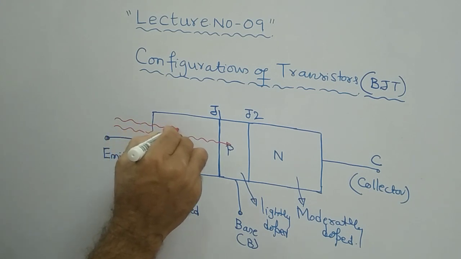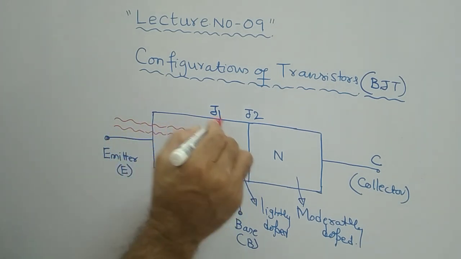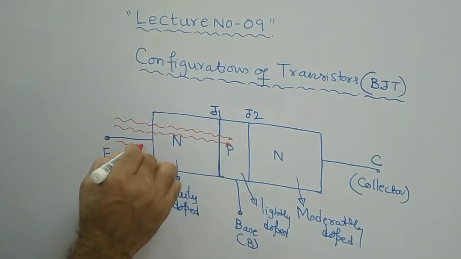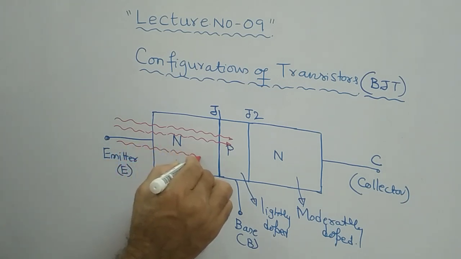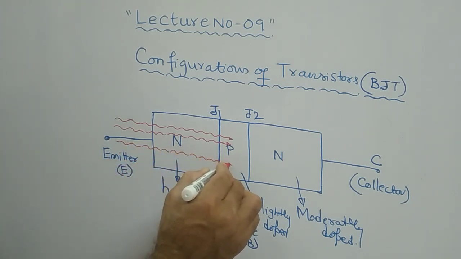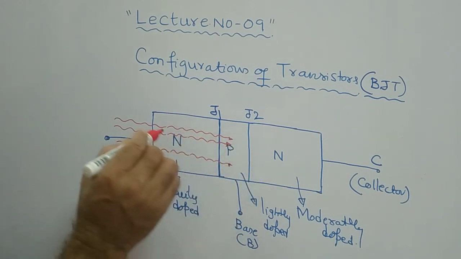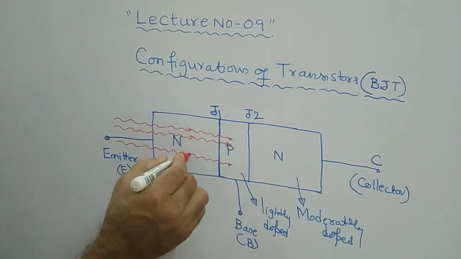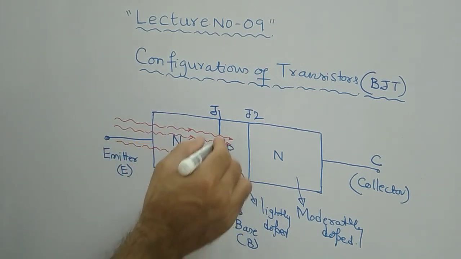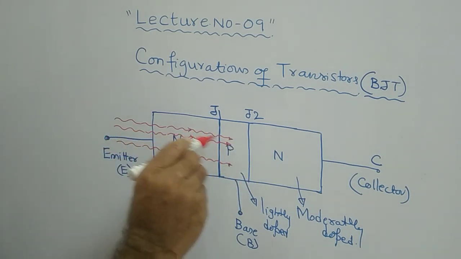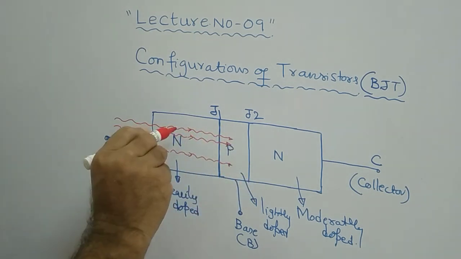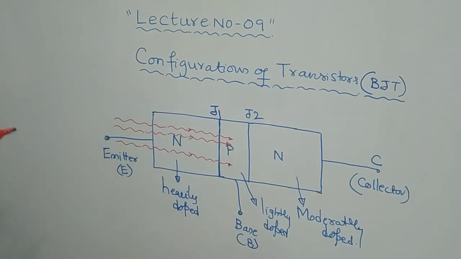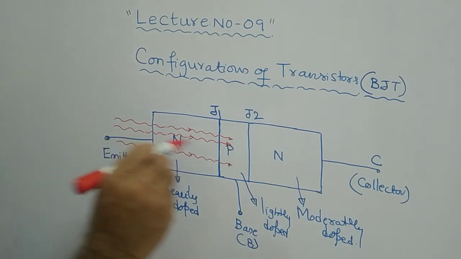From the emitter to the base region, the electrons flow like this towards the base. So the electrons are injected or emitted from this emitter towards the base.